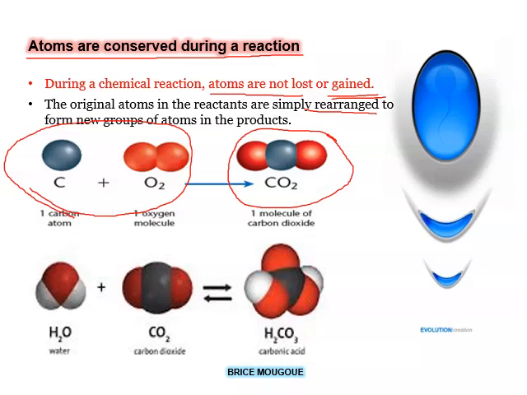Even in other chemical reactions where we see, for example, one atom will be lost. For example, if I had 2 hydrogen plus 2 oxygen, it will give me simply H2O. It looks as if in this case here, in this molecule, we've lost 1 oxygen atom. It doesn't mean it is lost. It's still reacting.